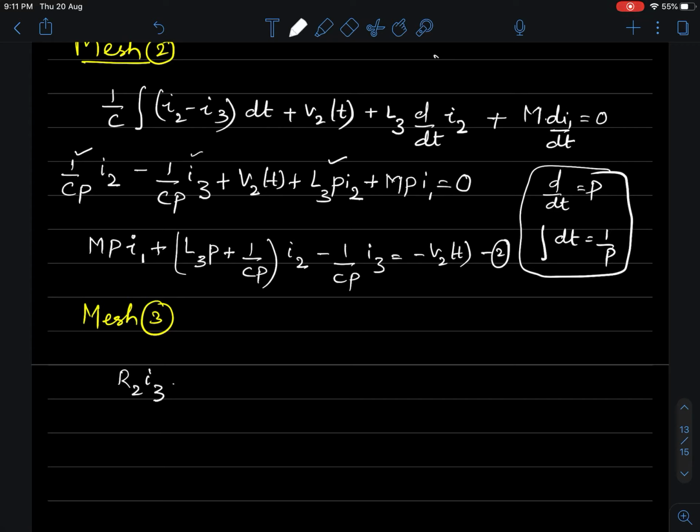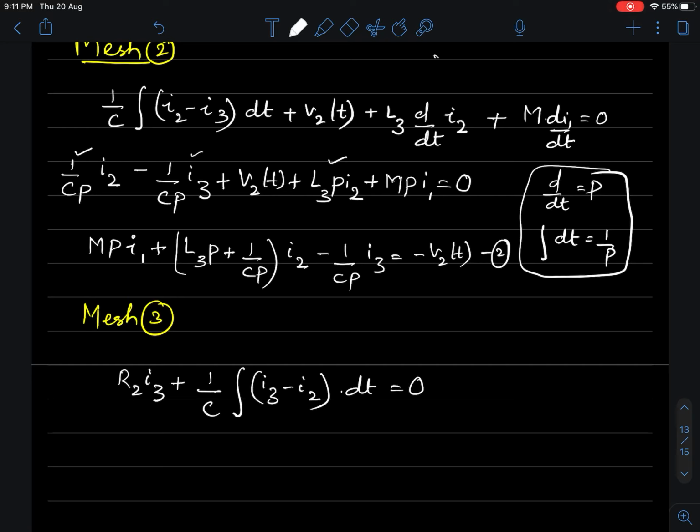Then I have this capacitor. The capacitor will produce 1 by C integral i dt. What is the current through the capacitor? The current through the capacitor is I3 minus I2 in the direction of right to left, which will produce a drop in potential into dt. We come back to the starting point, equal to 0.